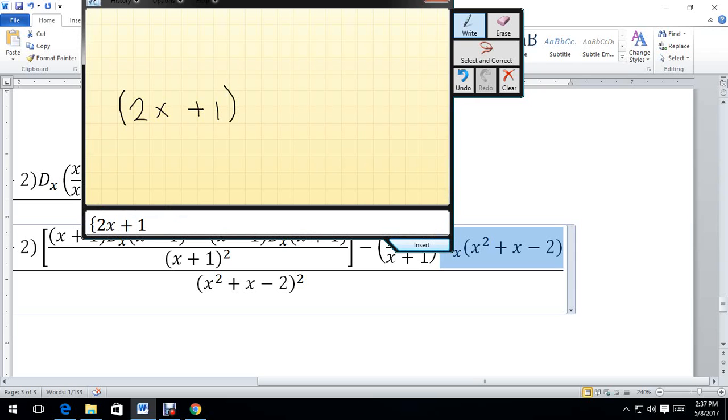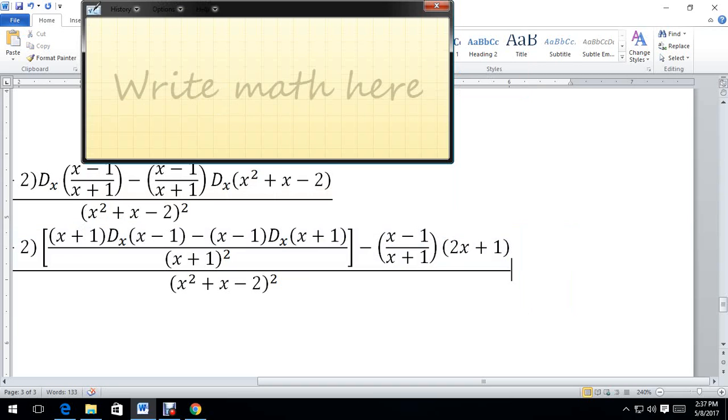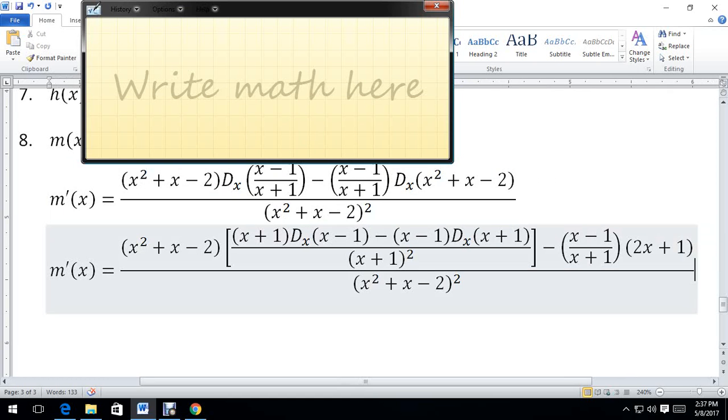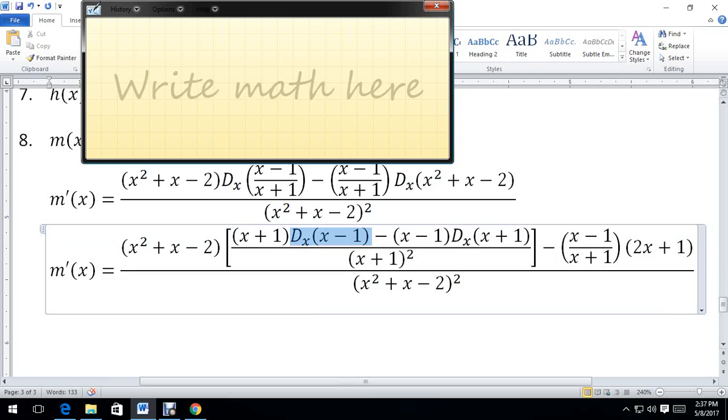So finally we have only this equivalent for this part here. Let's try to insert that one. Alright, so you have 2x plus 1 as the derivative of this portion here.